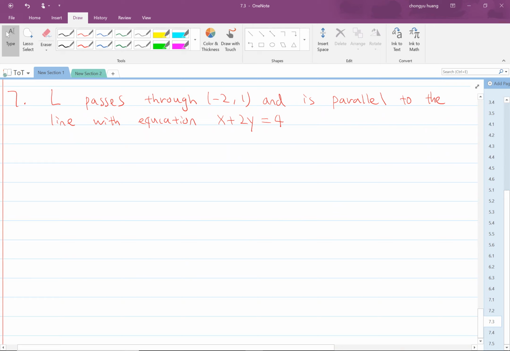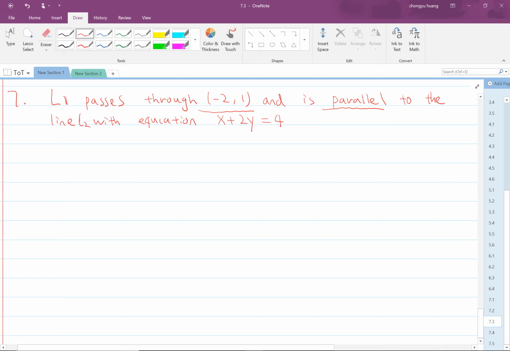The first thing you can see is we have a line passing through a point. The second condition is the line L1 and the line L2. Let me modify a little bit.